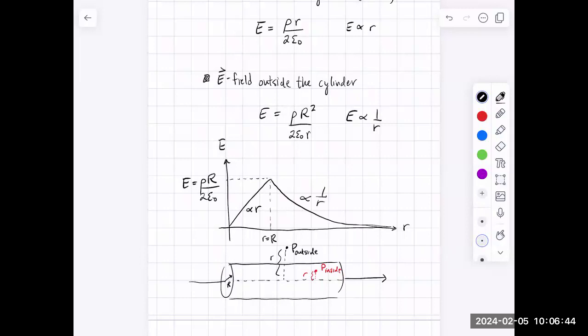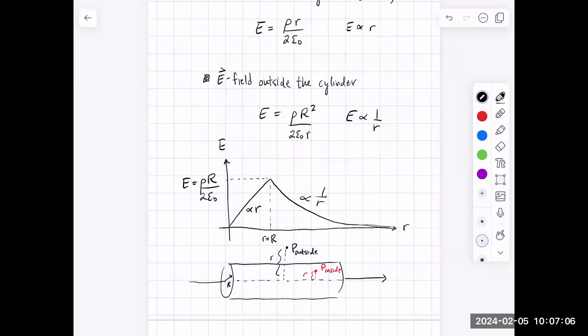You can build a bit of intuition by thinking about why the electric field increases when we're inside the cylinder but move away from the axis. Well, the idea is, from Gauss's law, we know that it's only the charge inside of our Gaussian surface that contributes to the electric field.